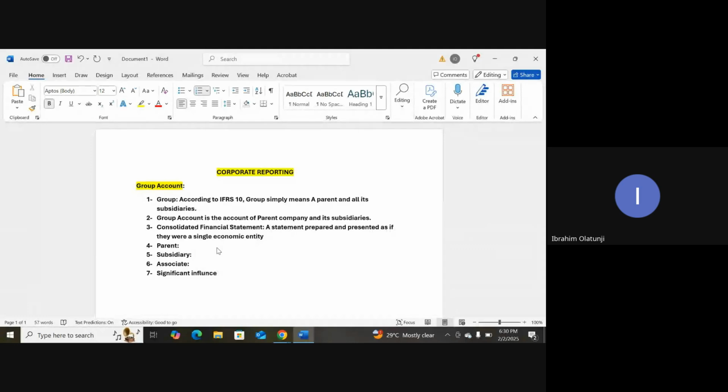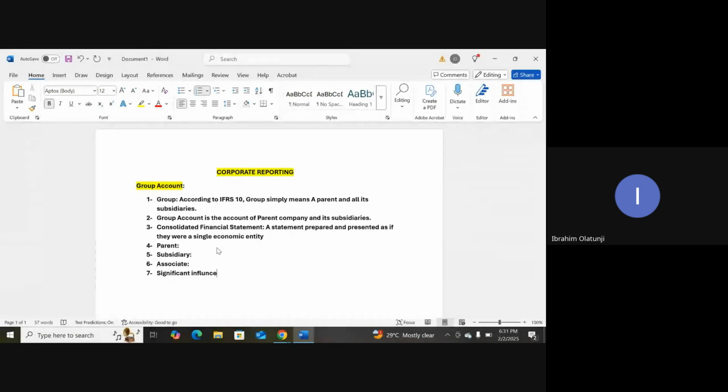Significant influence. When we say associate is an entity over which an investor has significant influence, what is that significant influence that an investor has?